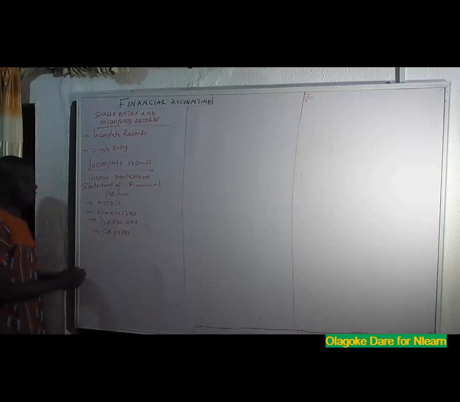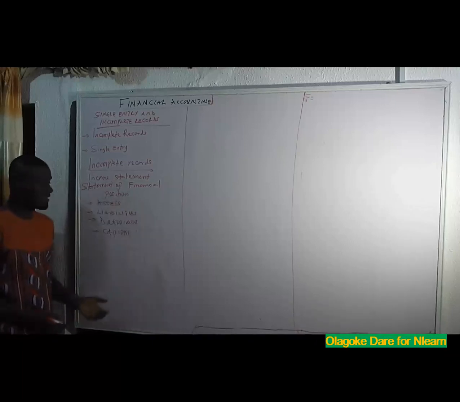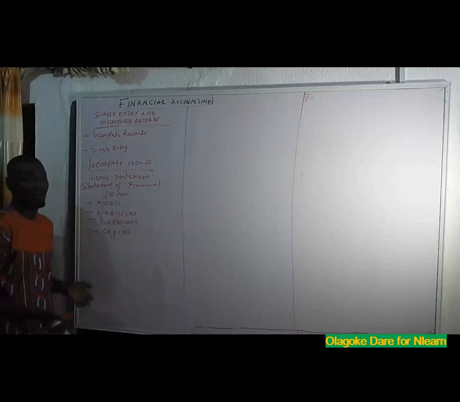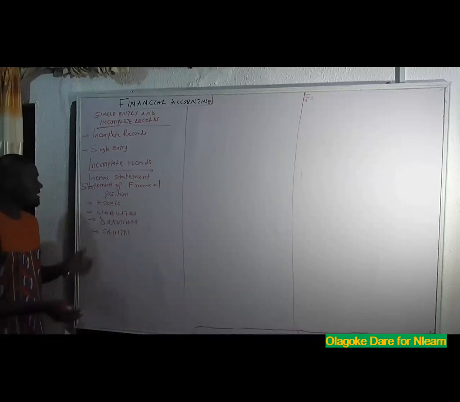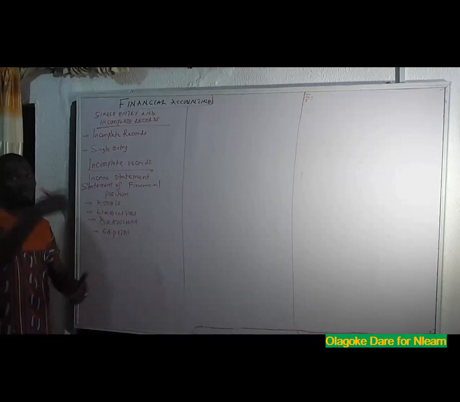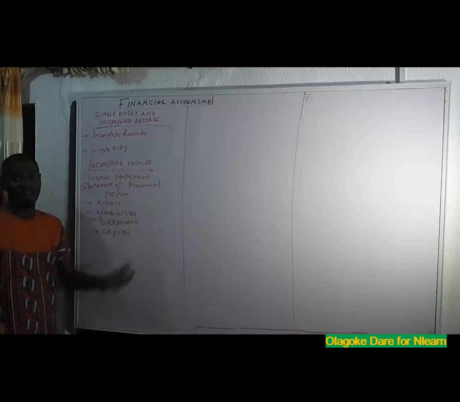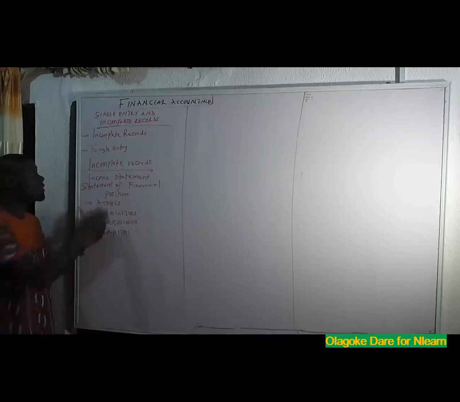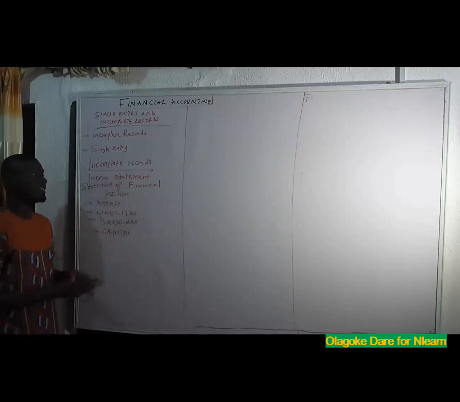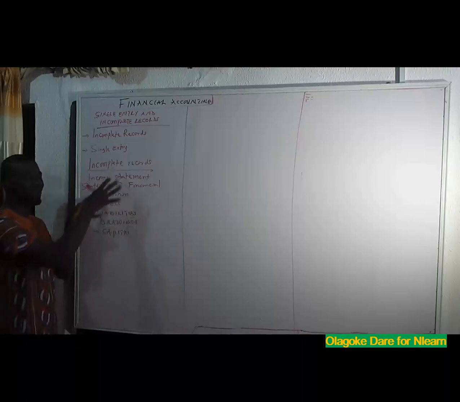Any information related to assets, liabilities, drawings, and capital of a business organization only. That means it's difficult for you to determine your inventories and every other thing, your nominal ledgers and all that. So it's difficult to determine your income statement. In that case, the record is incomplete records.